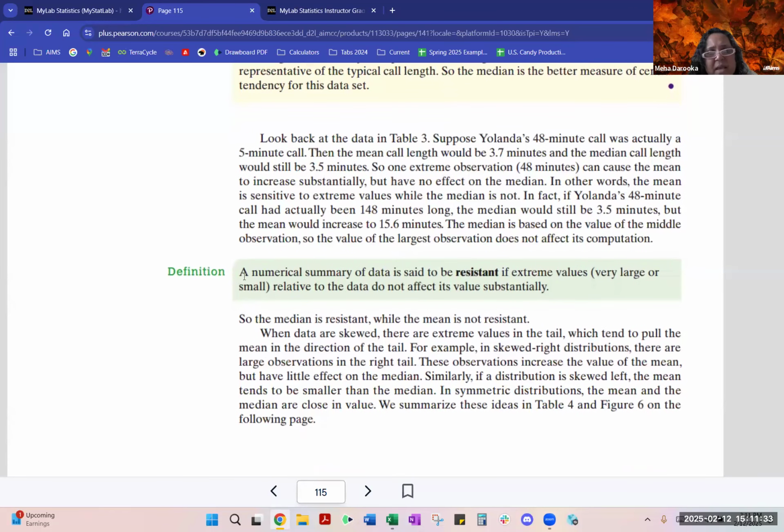Something just to keep in mind, they are talking about a numerical summary of data being said to be resistant if extreme values, which can be very large or very small relative to the data, do not affect its value substantially.